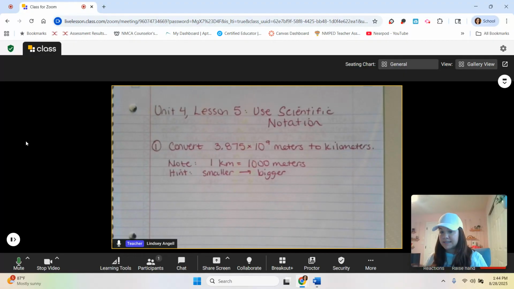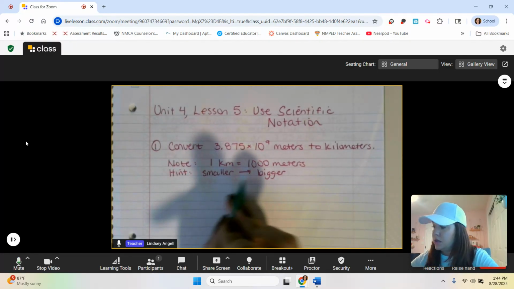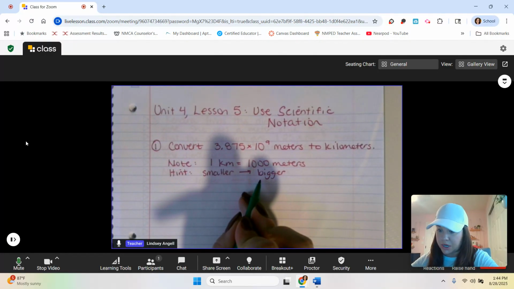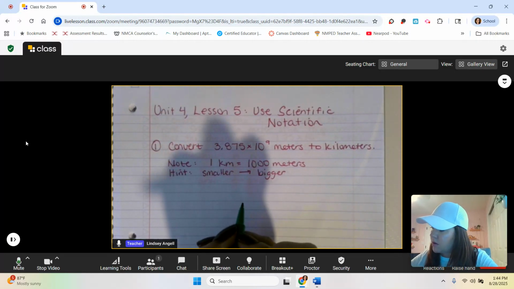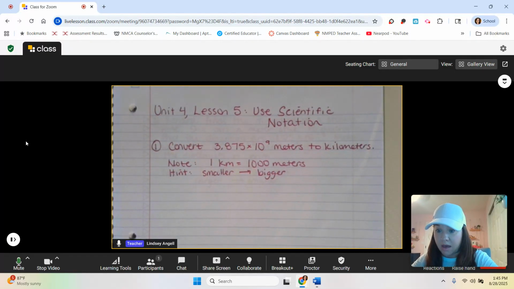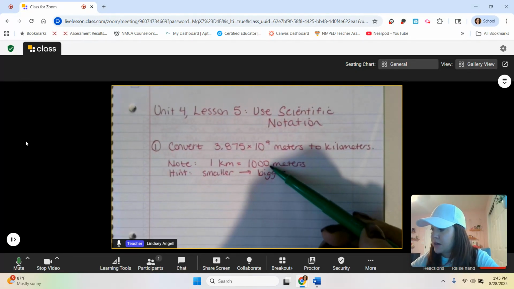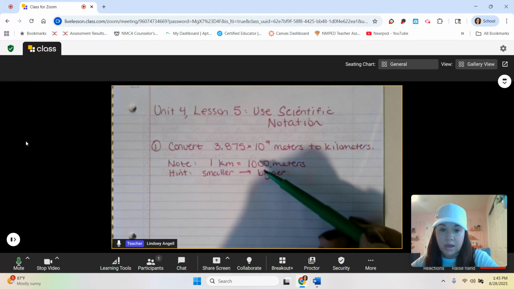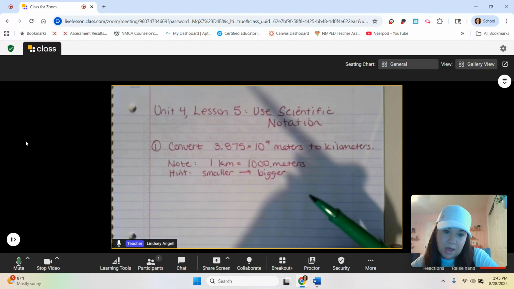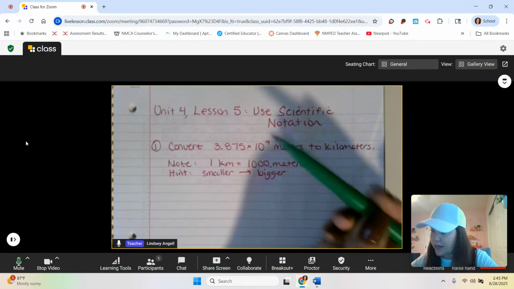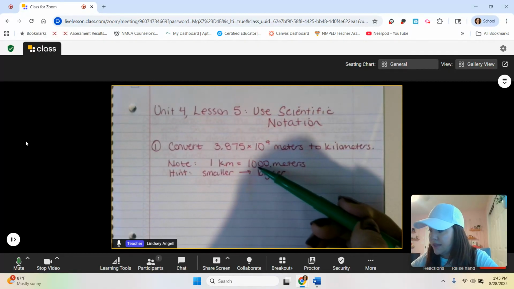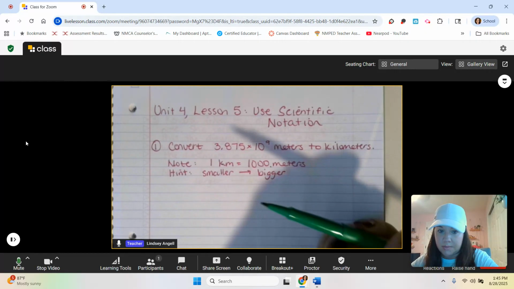So in this case, if we're going from a smaller unit to a bigger unit, we're basically going to be taking off, and this is one nice thing about the metric system, in order to go from meters to kilometers, we're taking away all the zeros. How many zeros are there? There's 3 zeros in 1,000, in 1 kilometer.